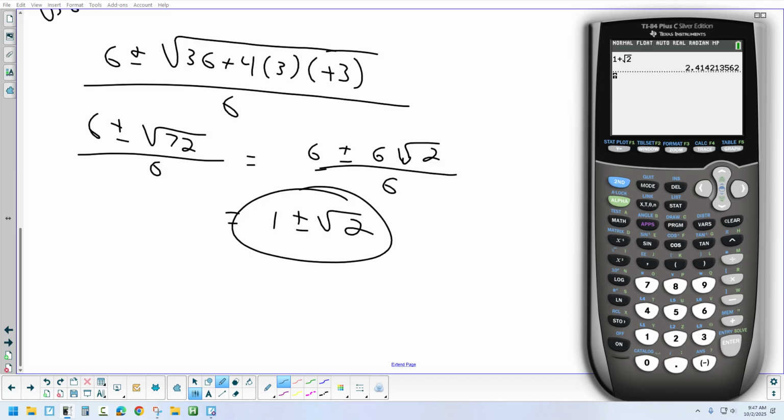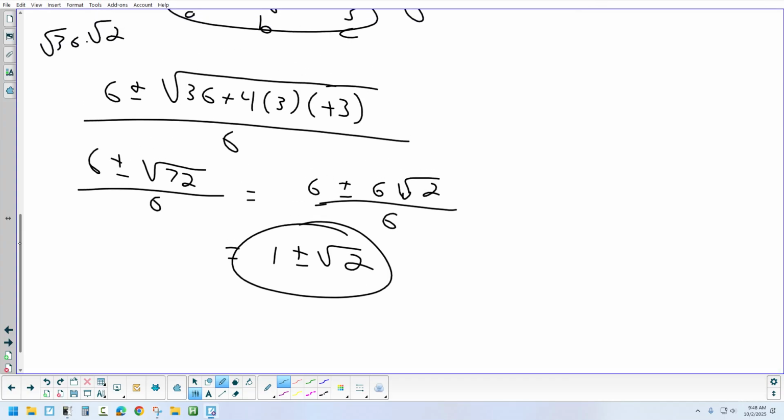We can confirm that's right by doing a zero. Let's see if we get 2.414. Yep, 2.414. So you probably wouldn't be able to look at that number and figure out it's 1 plus the square root of 2. How would you memorize all the different square roots and what their decimals could be? So you have to solve it with the quadratic formula.